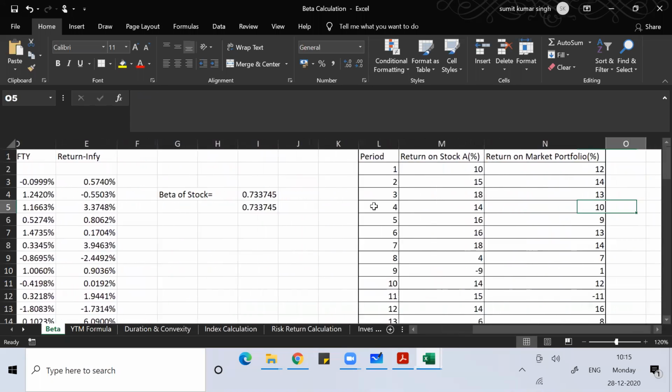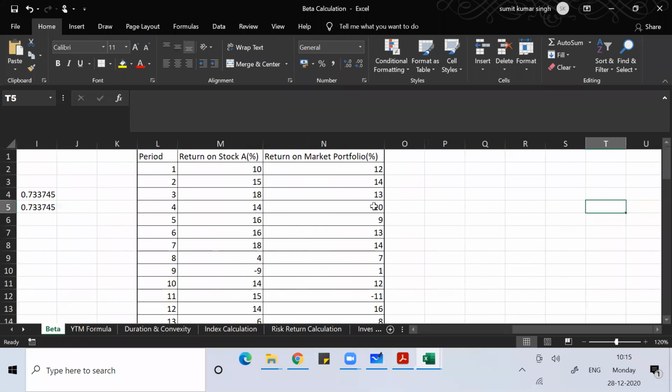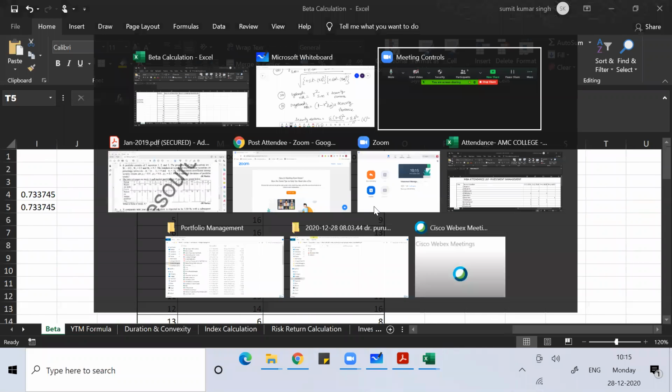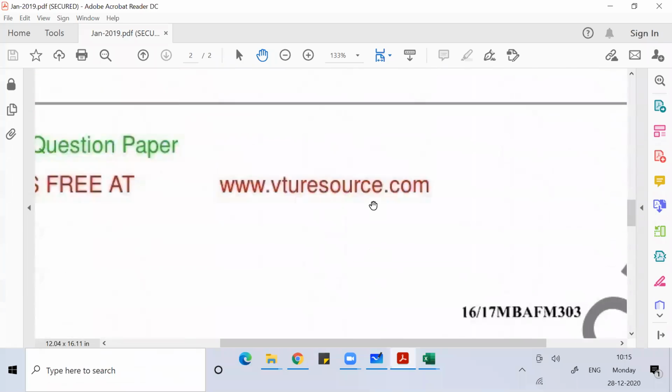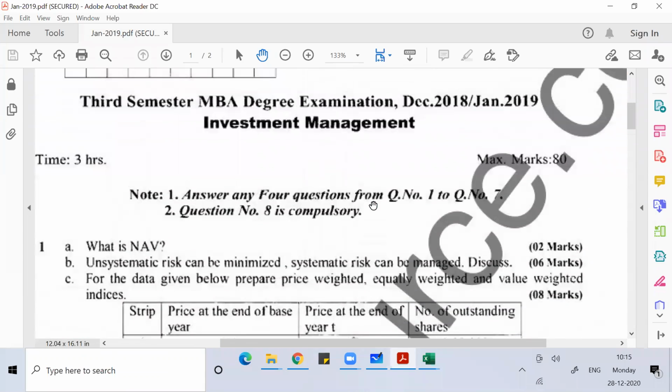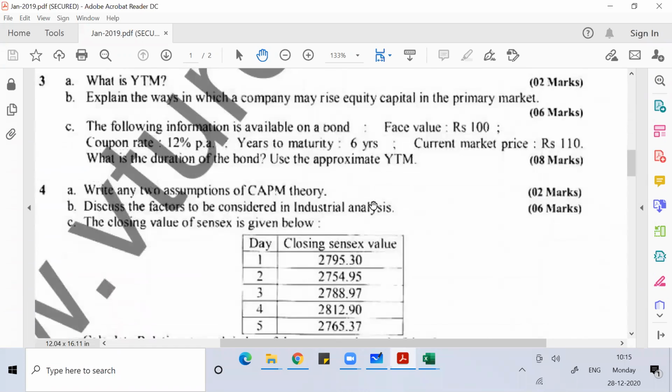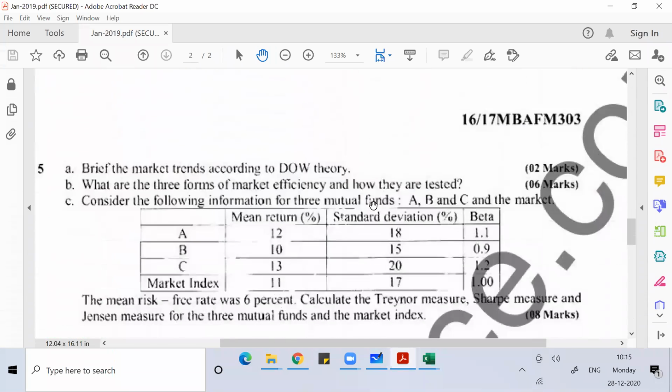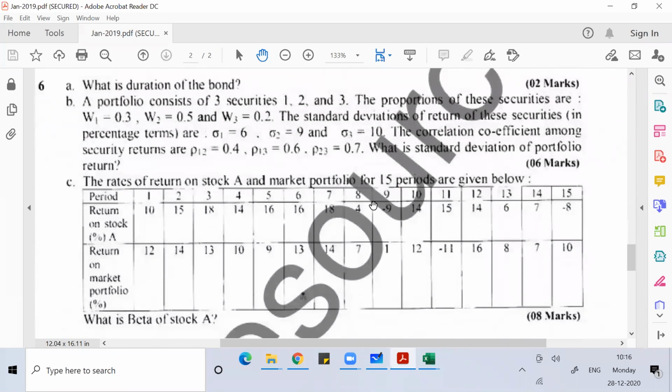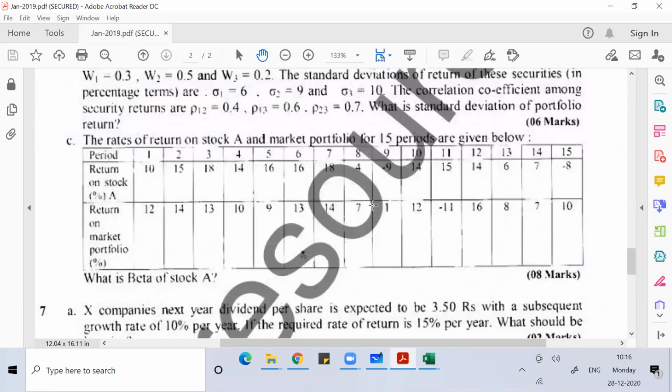Now we're going to do the problem which came in January 2019. This is the January 2019 problem, question number 6, part C, where you have to calculate the beta of the stock.